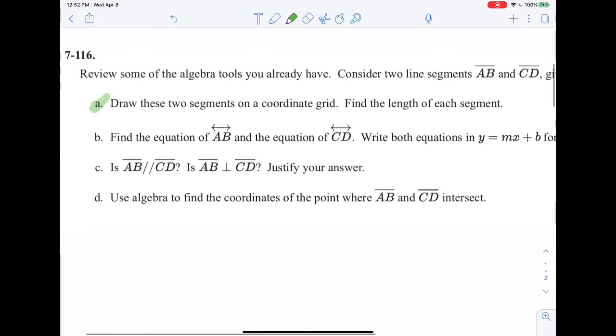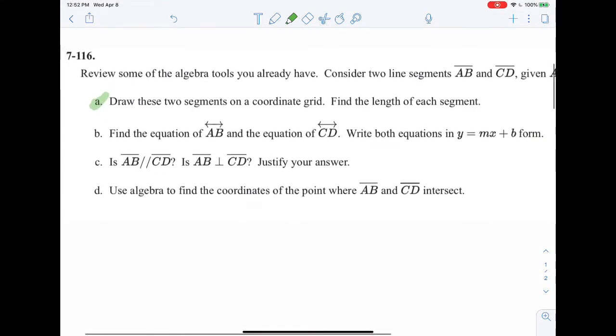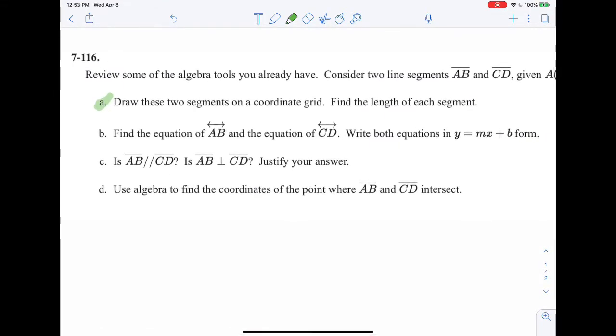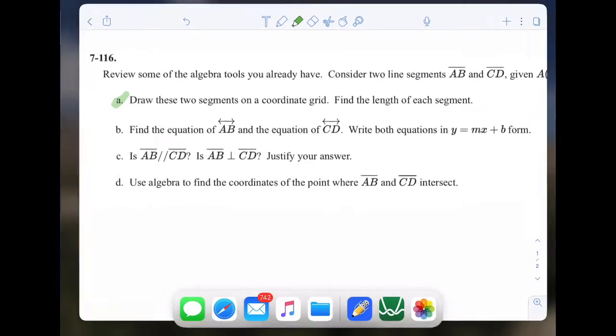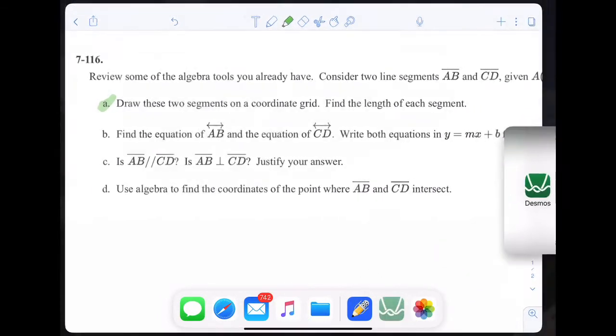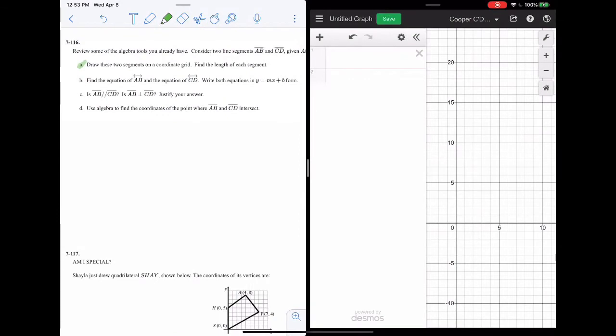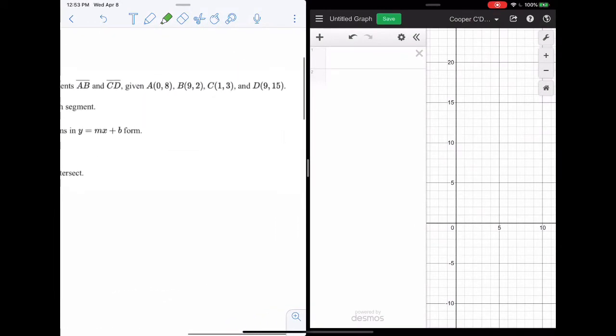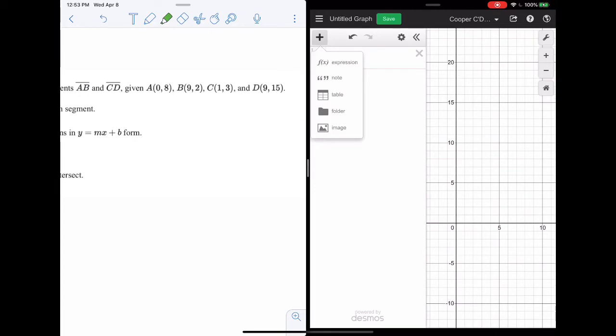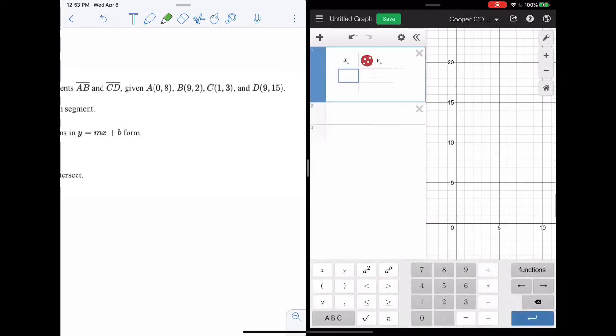So in 7-116a, they ask us to draw the two segments and then find the length of each segment. I'm going to use Desmos, as I mentioned previously. Okay, so in order to draw these segments, we're going to insert a table. So hit the plus sign and then insert a table.